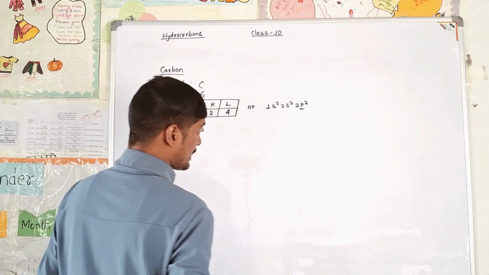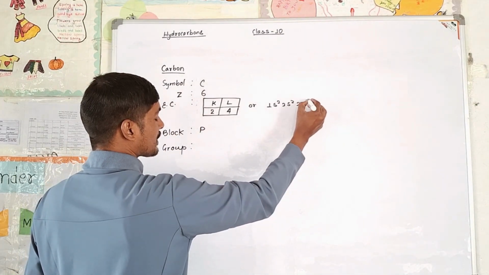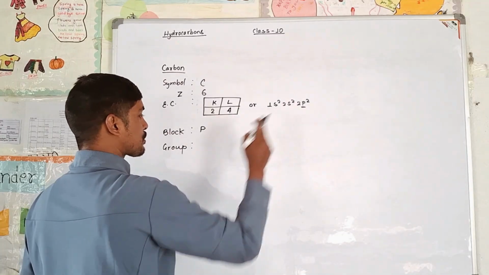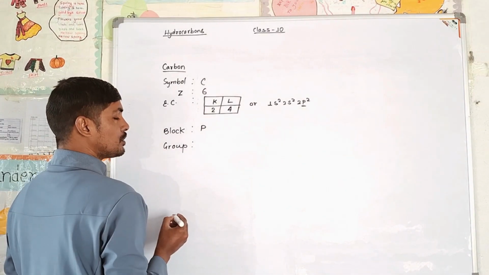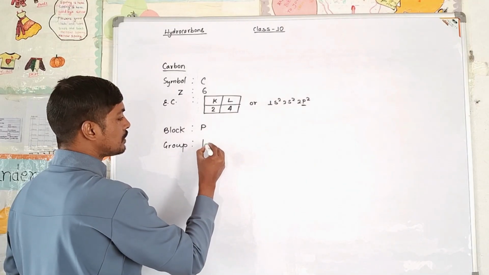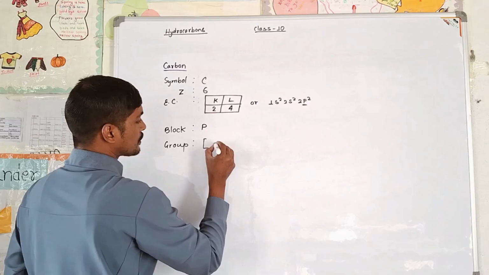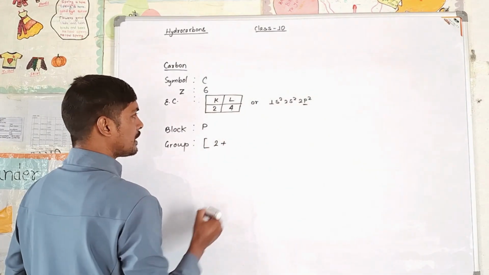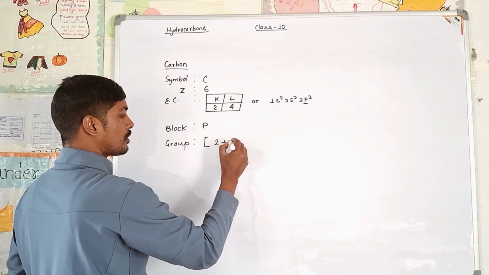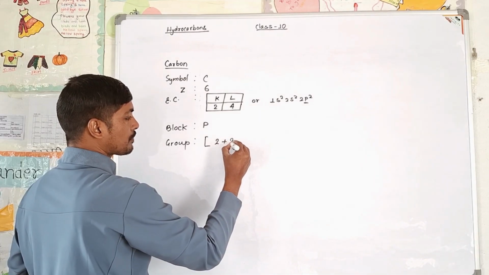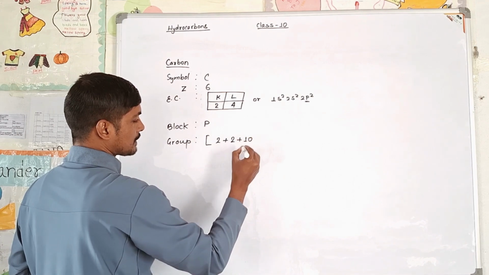Since it lies in the p block, and there are 2 electrons in p, to find the group number we have to add this 2 to the number of groups in the s block and d block.